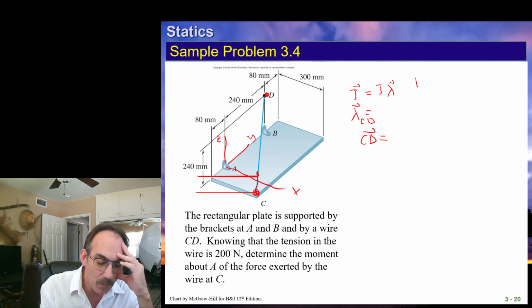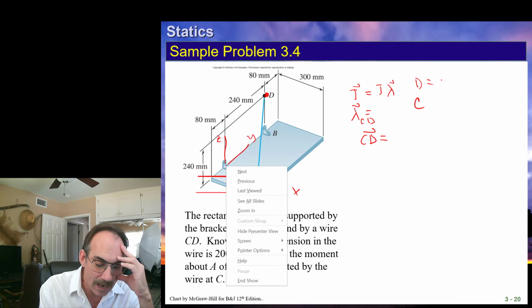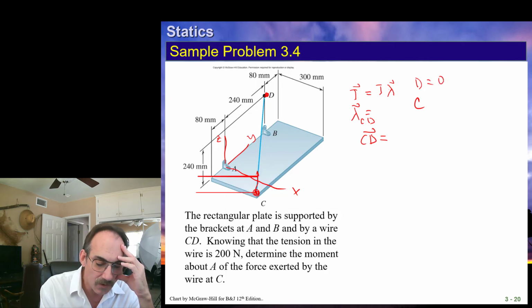So let's write out point D and point C. Point D is here at 0 in the x, comma, and the y is 0.24, comma, and the z is also 0.24, it looks like. So there's the y, and here's the z, 0.24.